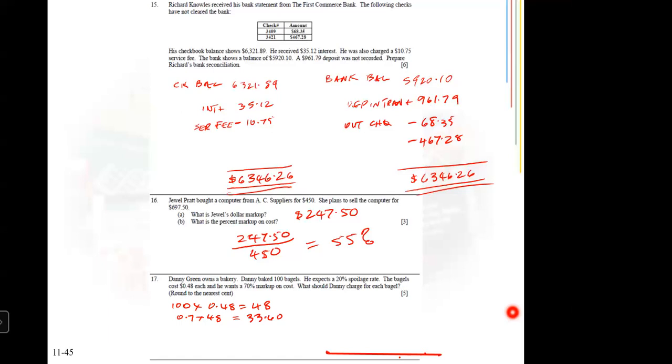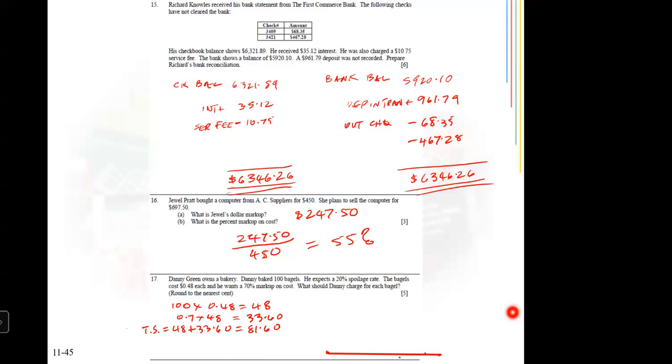Okay. And so your total earnings, when you add the 48 plus the 33.60, you want to make a total of $81.60, that's your total selling price.